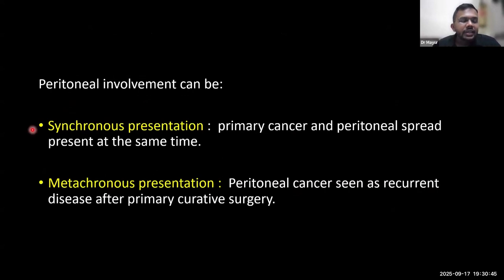Peritoneal involvement can be either synchronous or metachronous. Synchronous presentation is one where we diagnose the ovarian tumor and peritoneal spread at the same time. Metachronous presentation is one where peritoneal spread is seen at a later stage after the primary curative surgery as a sign of recurrent disease.